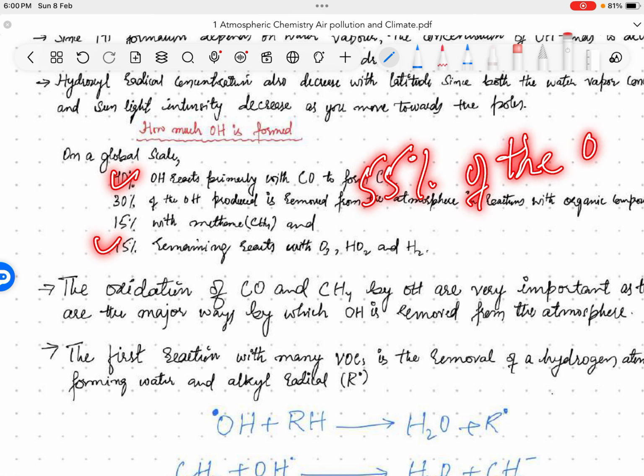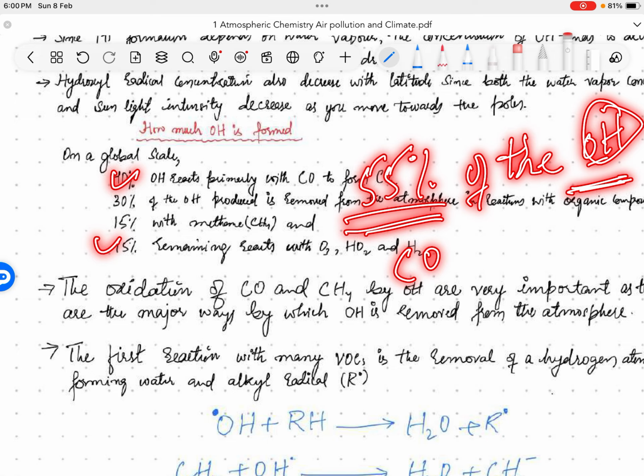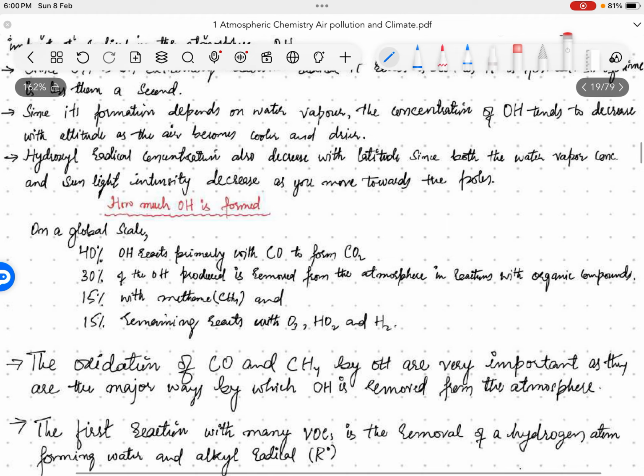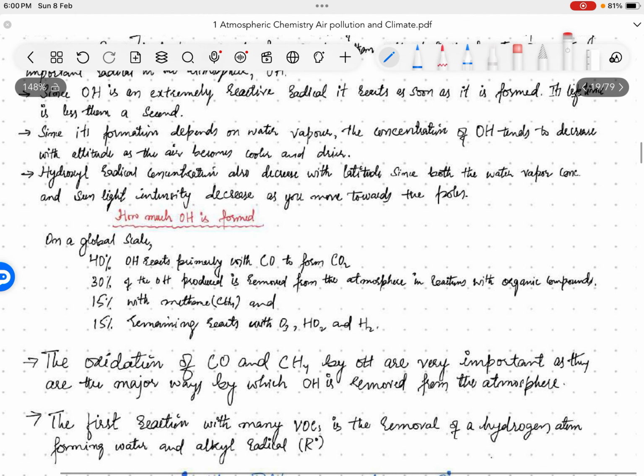So 55% of the OH radicals are consumed by carbon monoxide and methane. So this was the consumption of OH radicals by different pollutants in the atmosphere.